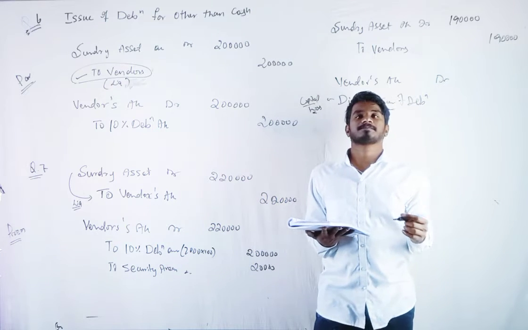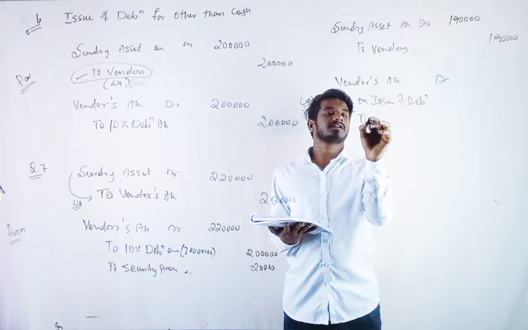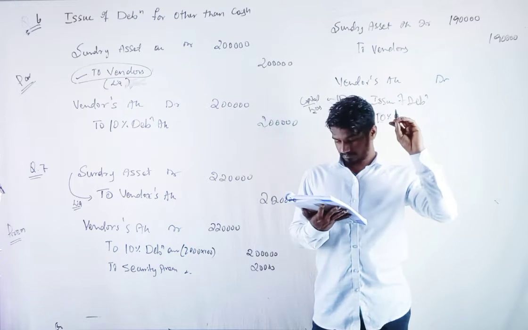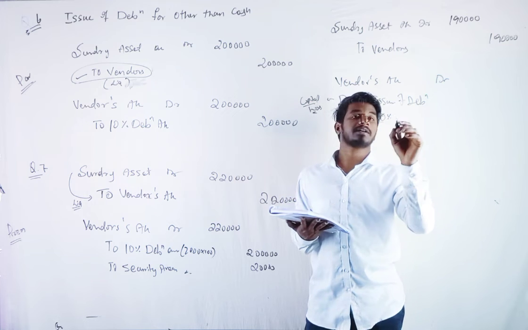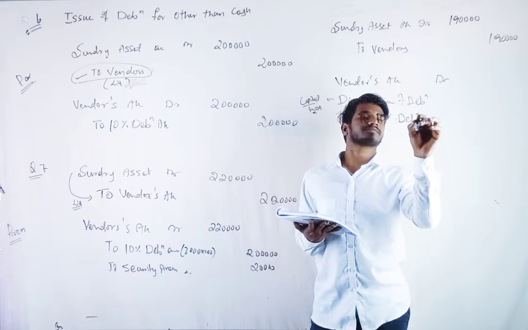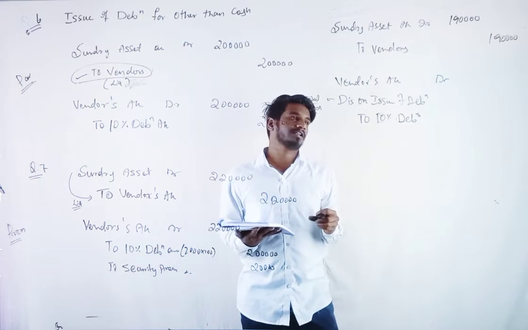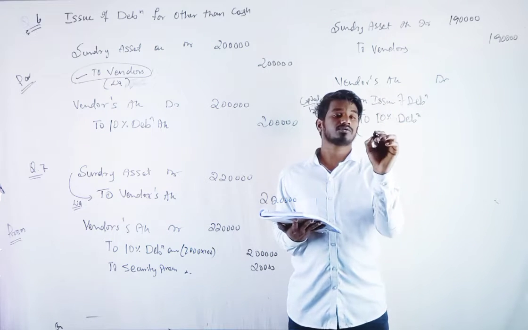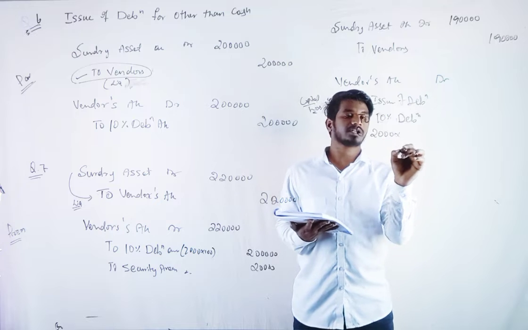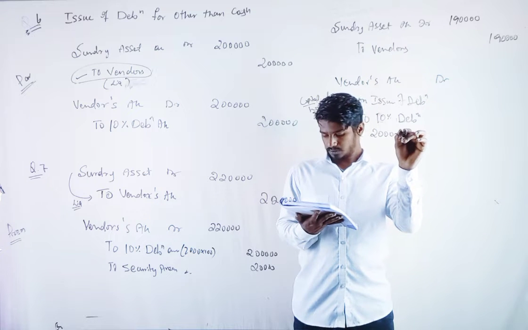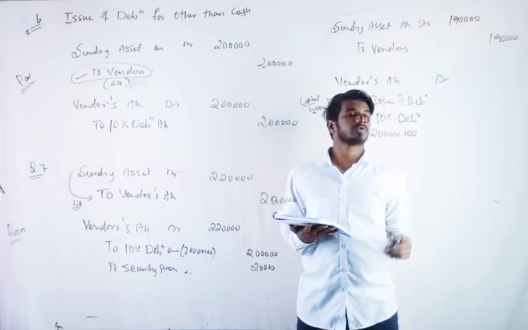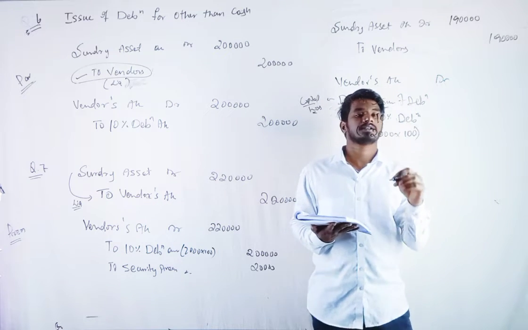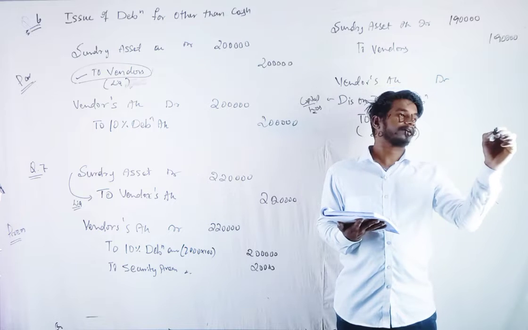Once again, let us calculate. It is 10% debenture. 2,000 into 100 is 2 lakh.